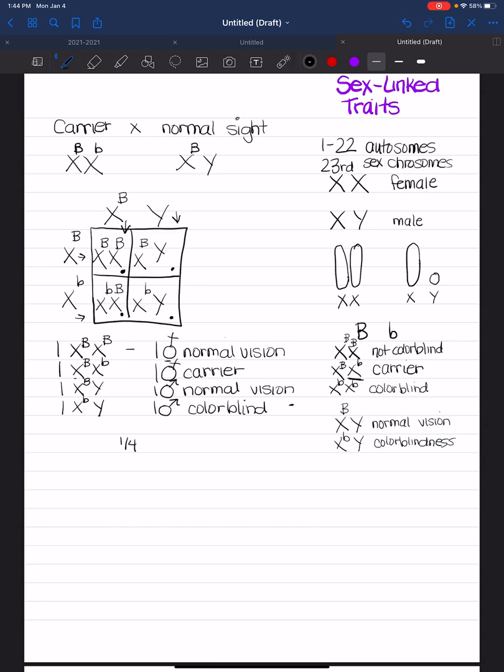So they have a 1/4 chance of having a child that's colorblind, or 25%. You could also ask, what is the chance of this cross of parents not having a child that's colorblind? So here's 1 that's not colorblind, here's 2, here's 3. So 3 out of 4 possible offspring would not be colorblind.